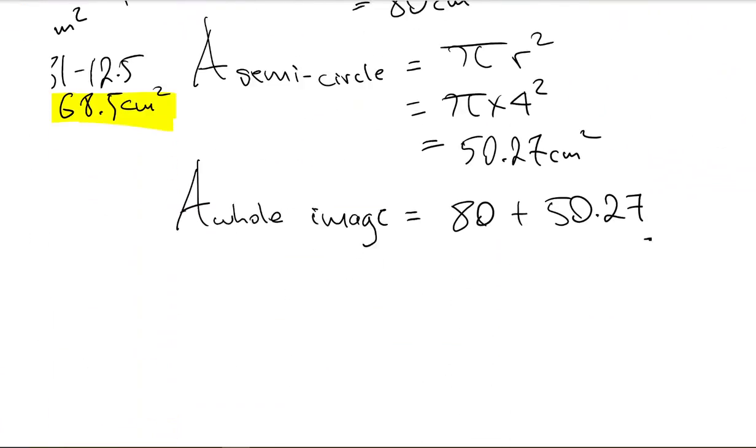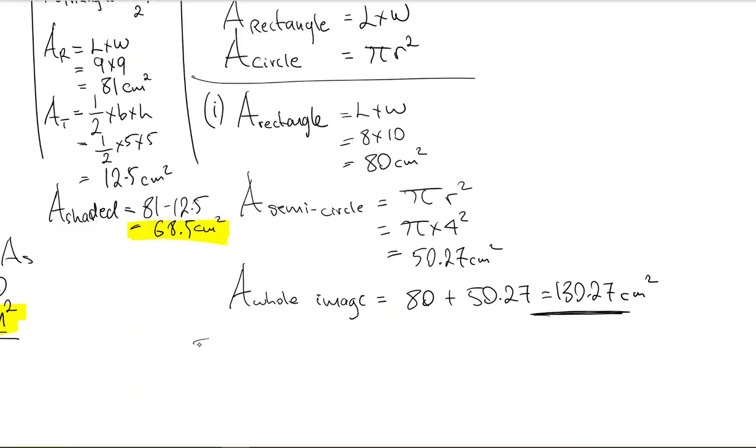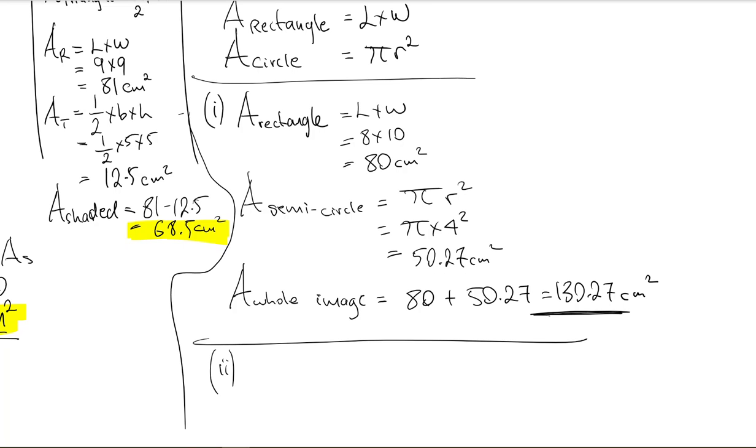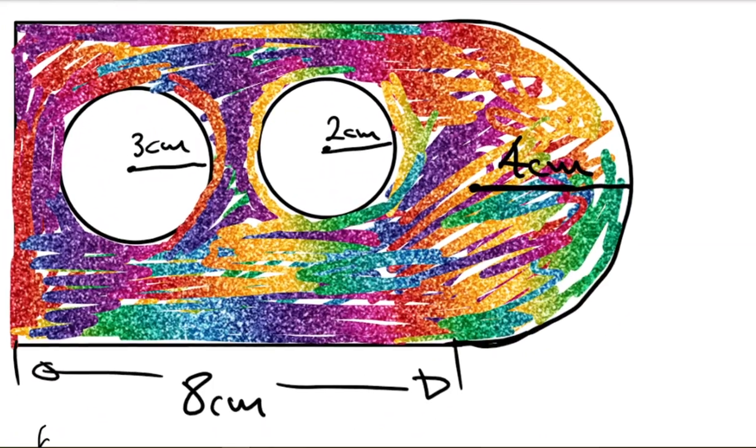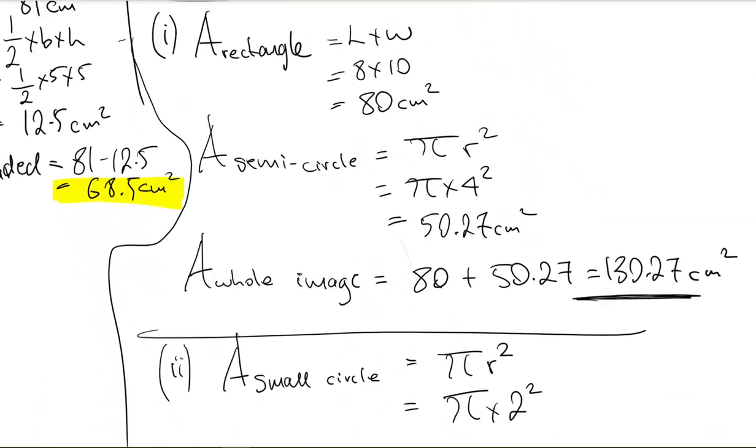Now I want to get the area of those circles. I'll call this part 2. The area of the small circle, that one had a radius of 2, and the area is pi r squared. Area of that small circle is pi times 2 squared. I'm doing that one first, then I'll do the bigger circle with the 3 later.